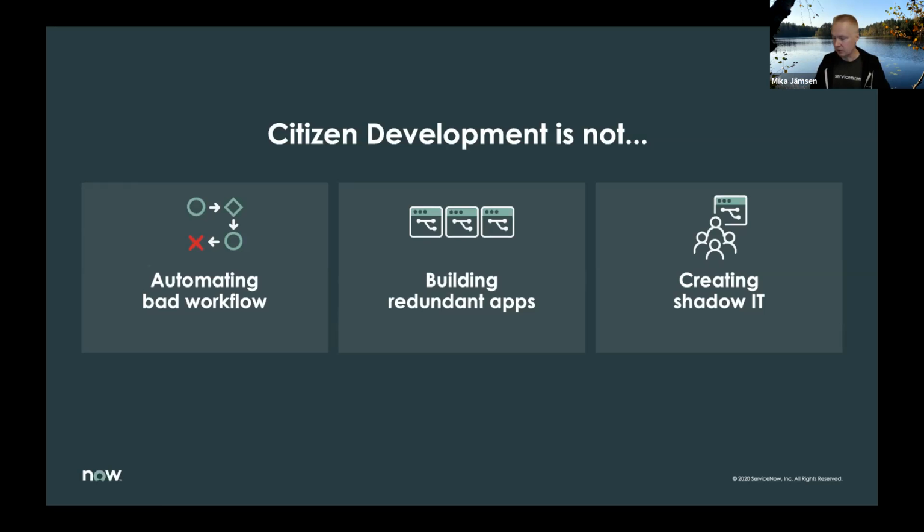And it's also not about creating shadow IT. So we don't want those business departments to start being their own IT departments and managing IT applications directly within the business areas. So that's why we want IT to be a key part of this process.